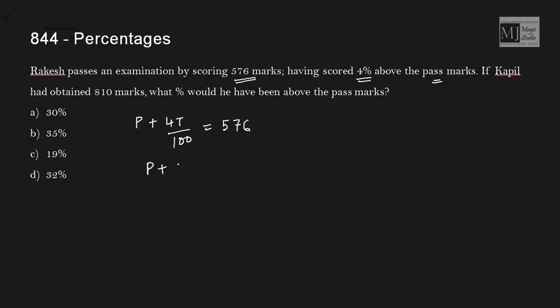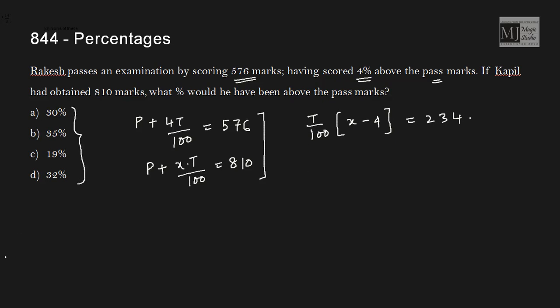Suppose that is x percent, so P plus x into T by 100 is equal to 810. These two things we have. So if I deduct these two, I'll get T by 100 into x minus 4 is 810 minus 576, that is 234. Okay, so value of x is there in the options.